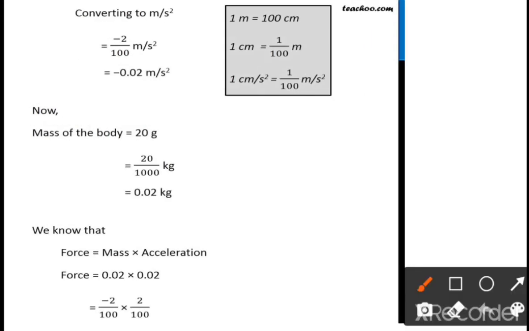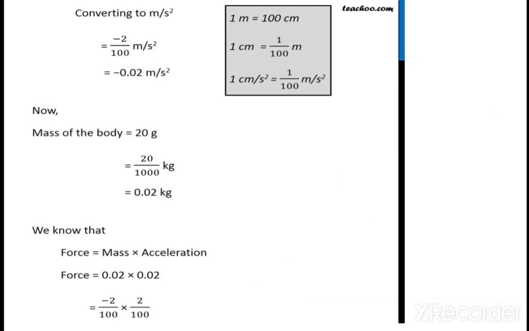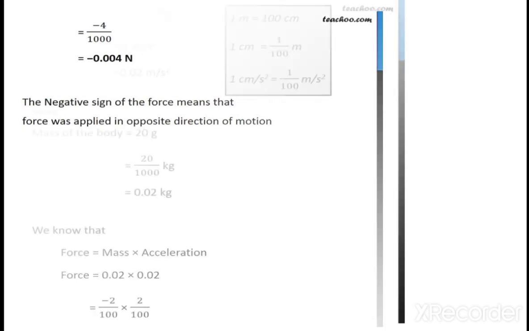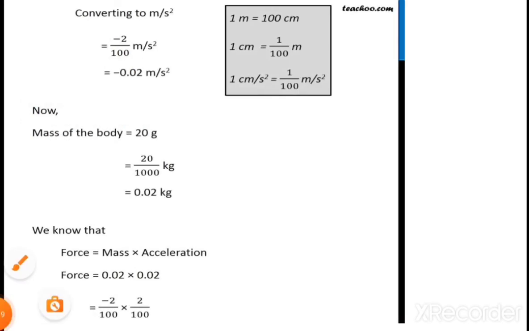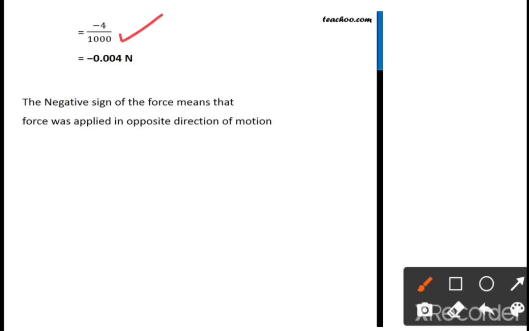Minus 2 into plus 2, minus 2 into 2 equals minus 4. 100 into 100 is 10000. So minus 4 by 10000. When we divide, we get minus 0.0004 Newton.